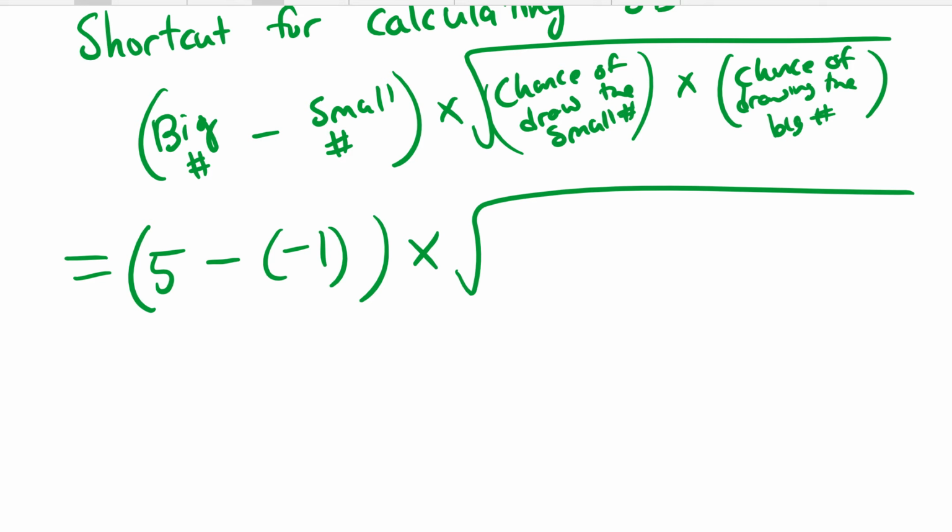There were 57 cards that were minus 1 and 60 cards total. So there's a 57 out of 60 chance of drawing a minus 1. There were 3 plus 5s, so there was a 3 out of 60 chance of drawing a plus 5, of drawing a big number.